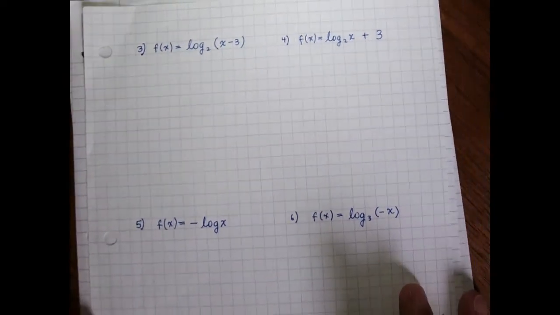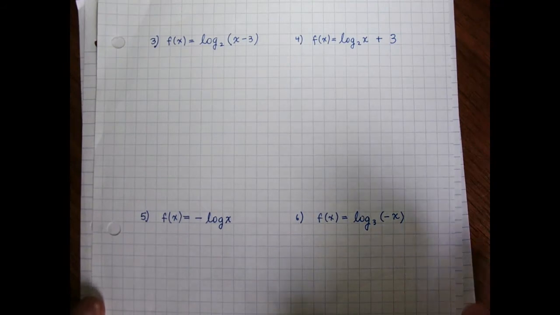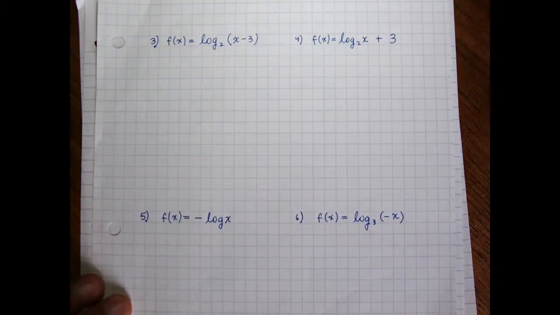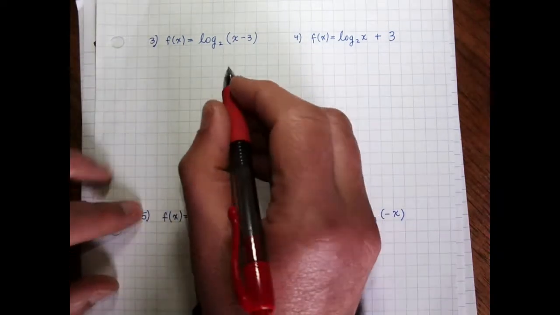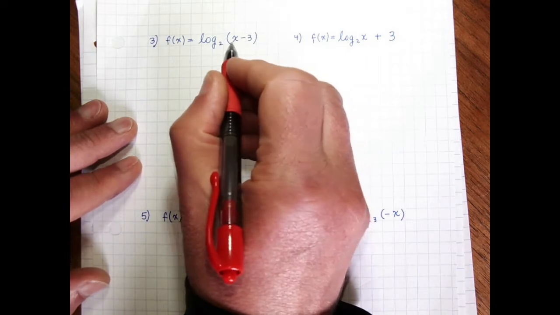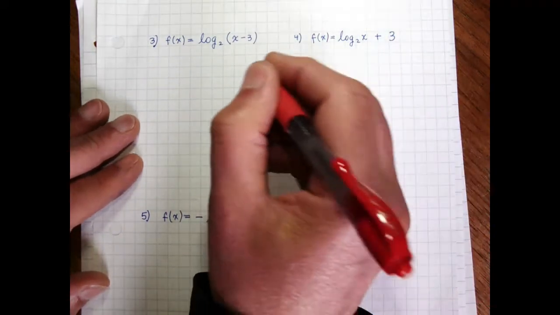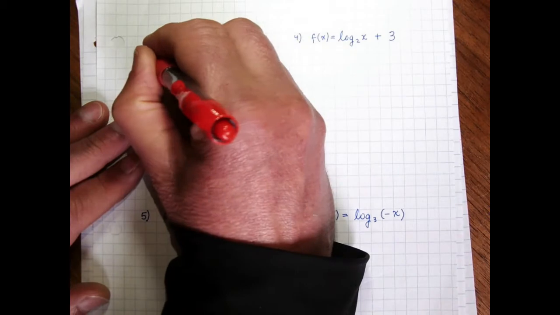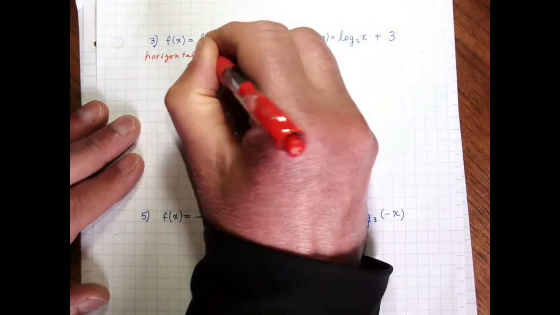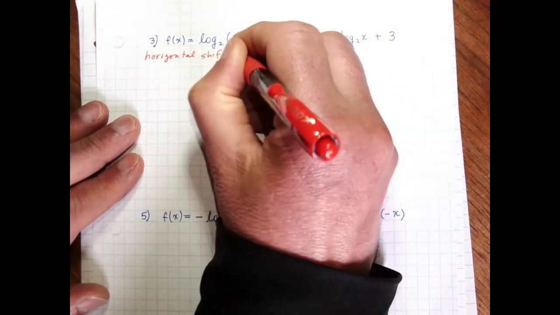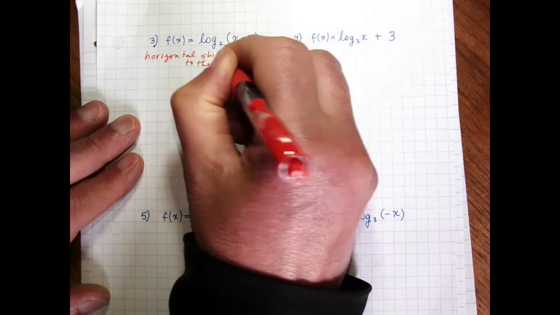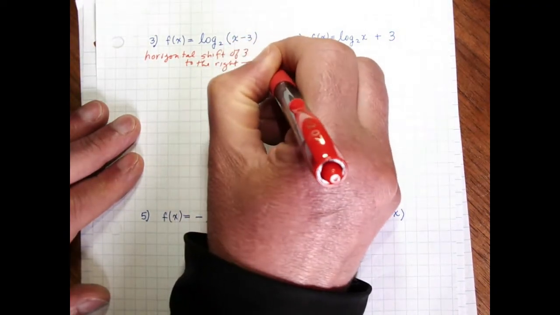Okay, number 3 here is log base 2 of x minus 3. Now we got something going on here because we see that we're subtracting 3 inside parentheses. There's a transformation going on here. We have a horizontal shift, right? Of 3 units to the right in the positive direction.